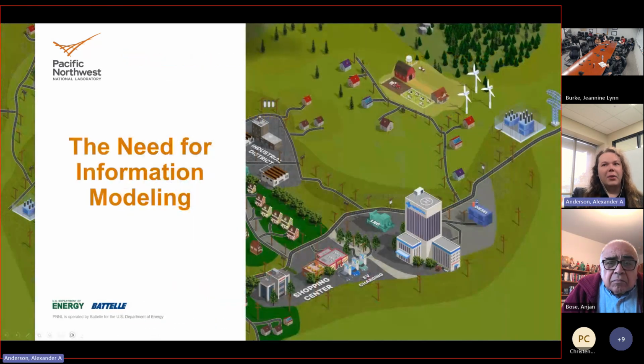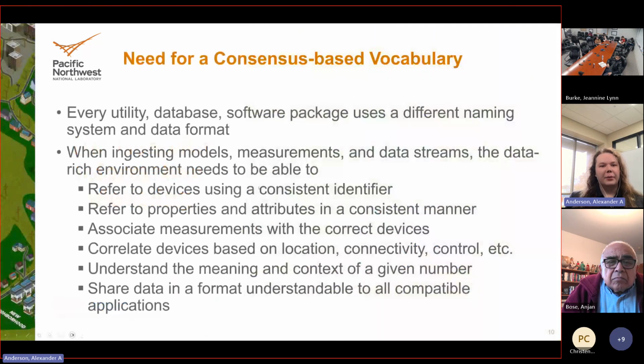What information modeling refers to is providing a common environment so that we're able to ingest models, measurements, and data streams in a consistent format, have a consistent identifier across those different data streams, and associate time series measurement data with the correct physical asset and the correct electrical network mathematical model.